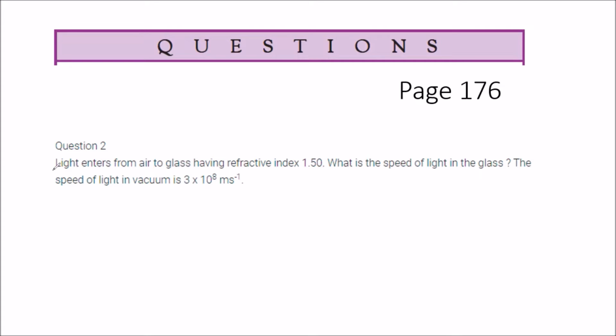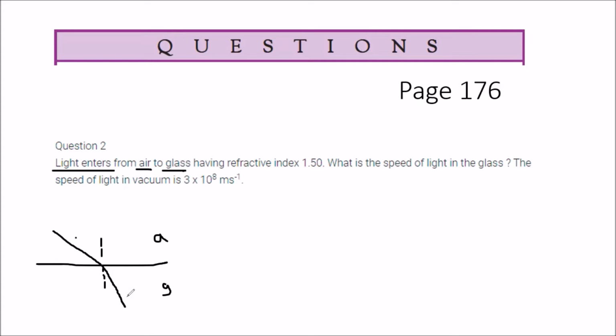It says light enters. It means I have two media. Light is entering from air to glass, and we know because glass is a denser medium, it will bend.